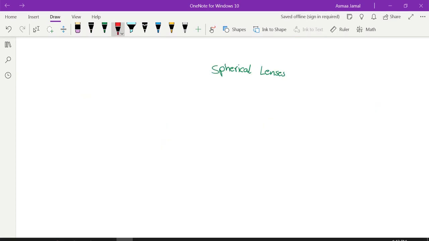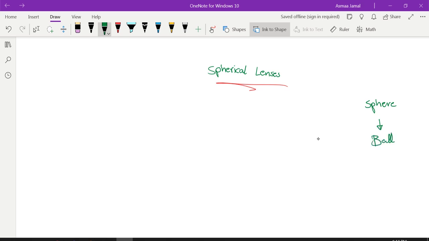The most common medium that depends on the basics of refraction is the spherical lens. And the word sphere immediately means ball. So let's say we have this first ball overlapping with the second ball, and here we have the third ball.